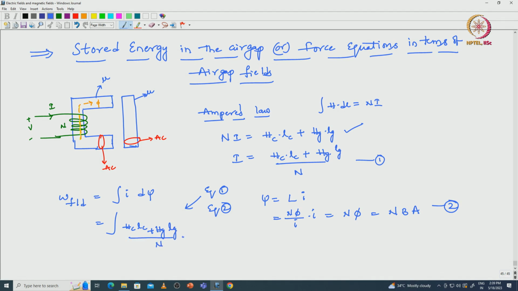divided by N, into the derivative of N into B into A. Here the number of turns is a constant and the cross-sectional area of the core is also a constant.